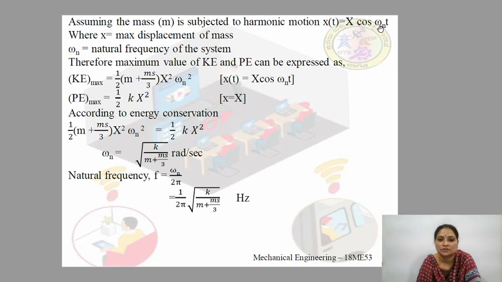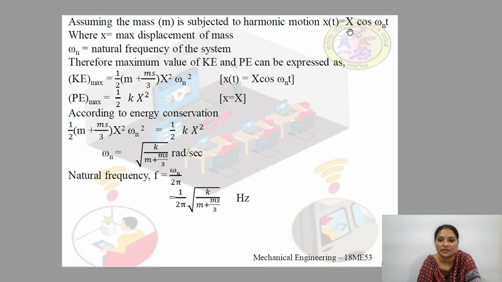So therefore, the maximum value of kinetic energy and potential energy can be expressed as kinetic energy maximum, potential energy maximum. Now, kinetic energy maximum is equal to 1 by 2 into m plus ms by 3 into x dot square. So, x dot square is nothing but differentiating this equation with respect to t.